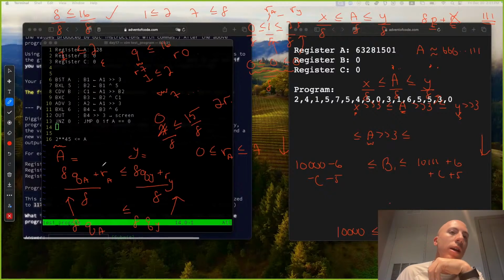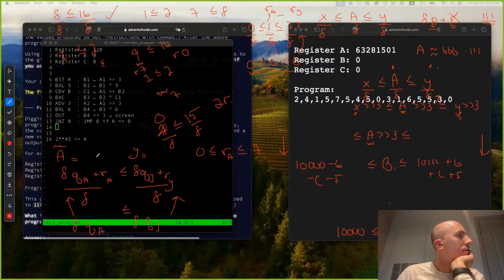We don't know what A was. We don't know what the remainders are. But does it really matter?